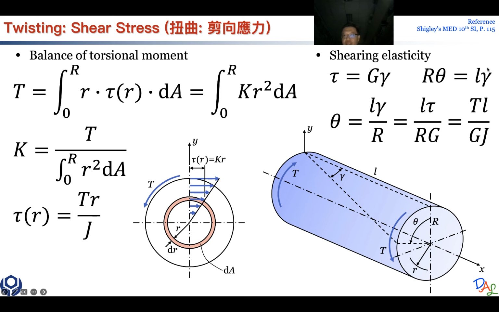Next, right here is something about geometry. How we get this can be observed from the figure on the right hand side. If we take a look at this arc, the length of the arc equals the radius times the angle, so r theta.